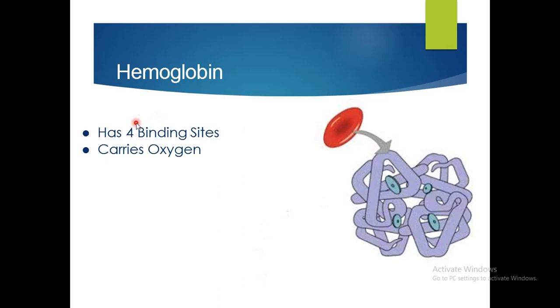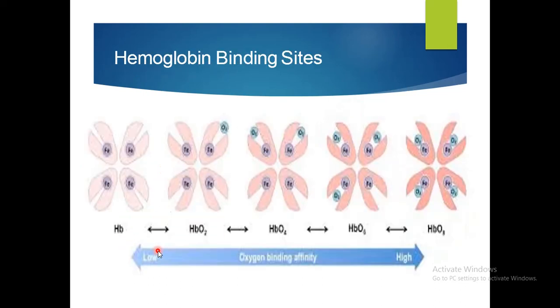The oxygen carrying capacity of the red blood cell is due to hemoglobin, which has 4 binding sites, 1, 2, 3 and 4. When hemoglobin combines with 4 oxygen molecules, oxyhemoglobin is formed. The hemoglobin binding sites get more and more oxygen binding capacity, that is, oxygen affinity is increased, when oxygen is bound.